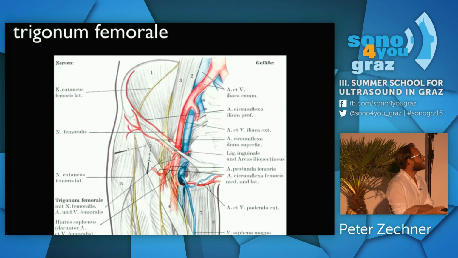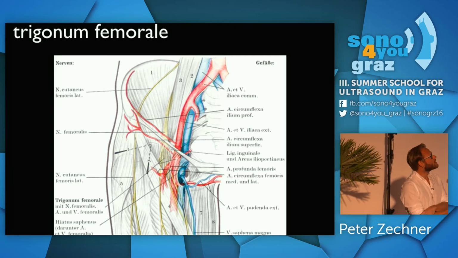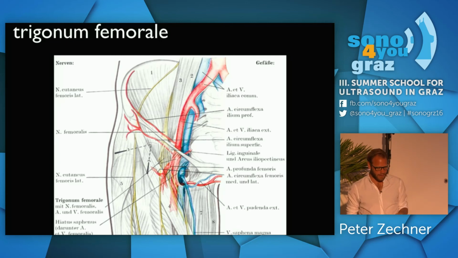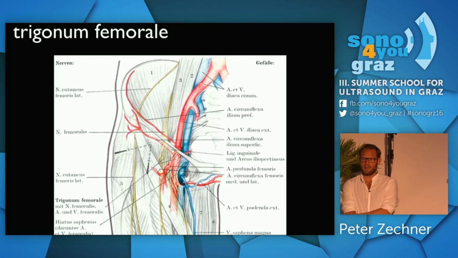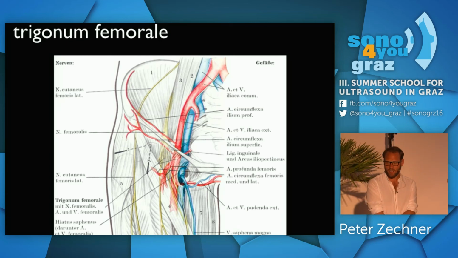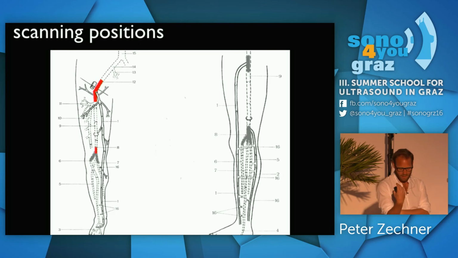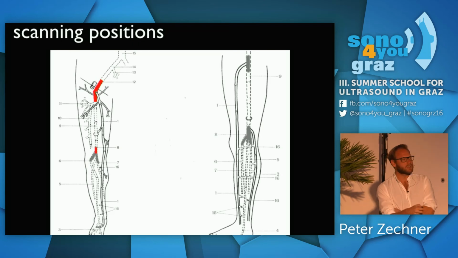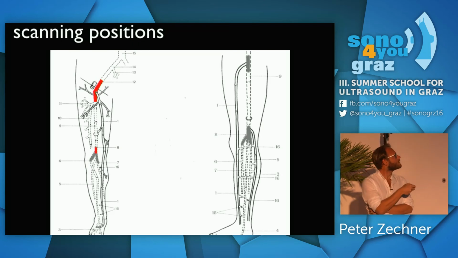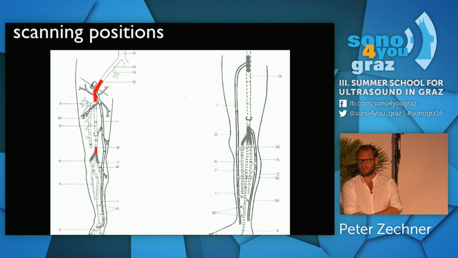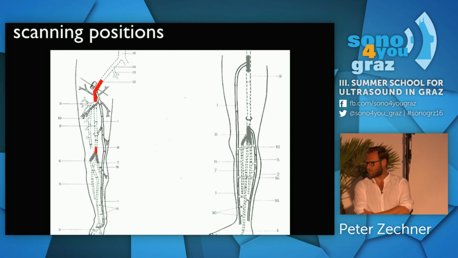What we are talking about is a region here in the thigh around the inguinal ligament where we want to scan the femoral vein, the common femoral vein, and down there in the popliteal area, we want to scan the popliteal vein. Just 2 strictly defined regions, and all the rest of the venous system we do not care about in this ultrasound protocol.